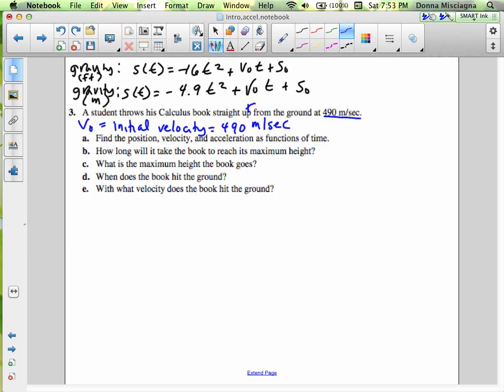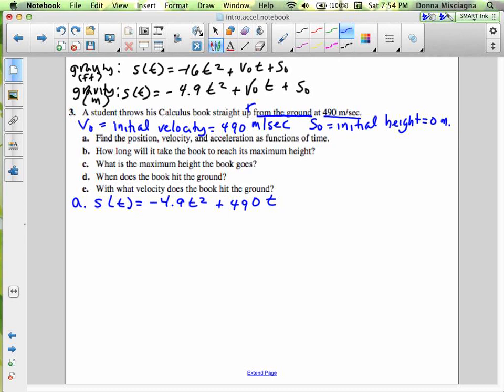Let's find the s naught, that is the initial height. It's from the ground, so our initial height is 0 meters. So that means the position equation, s of t, is going to equal negative 4.9 t squared plus 490 t, and there's no point in writing plus 0.